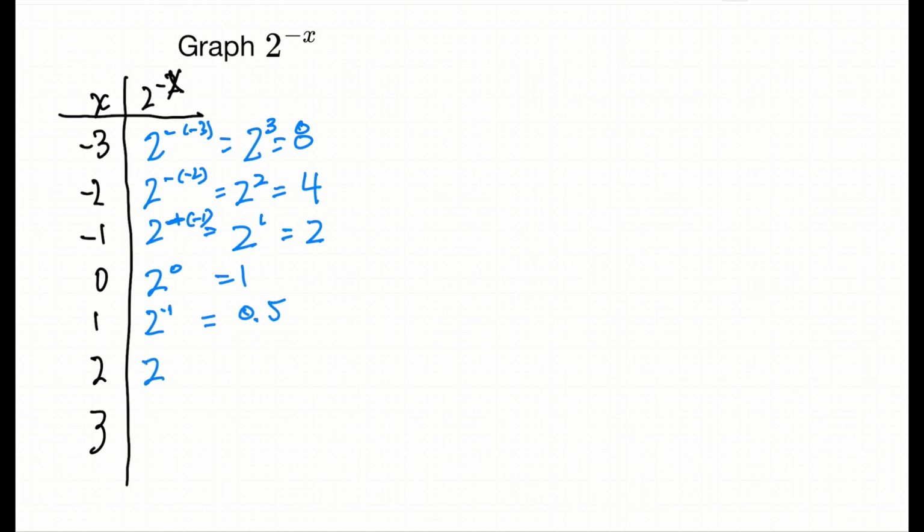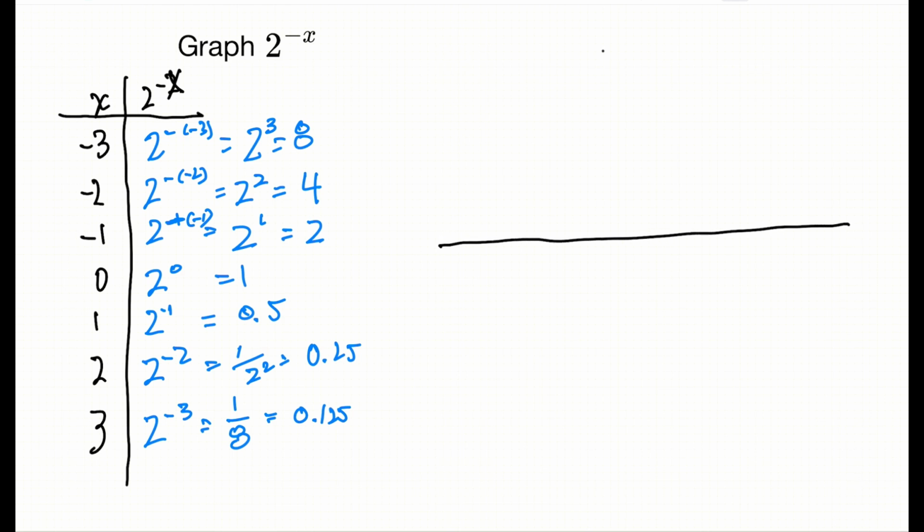And 2 to the minus 2 is just 1 over 2 squared, which is 1 over 4, which is 0.25. And then 2 to the minus 3 is 1 over 8, because 2 times 2 times 2 is 8, and 1 over that because we've got the minus sign there, 0.125.